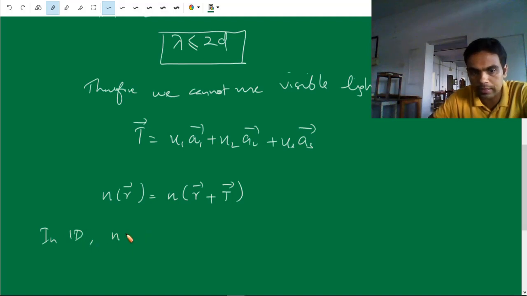So in one dimension, we can write this as n of x, with a period a in the x direction.